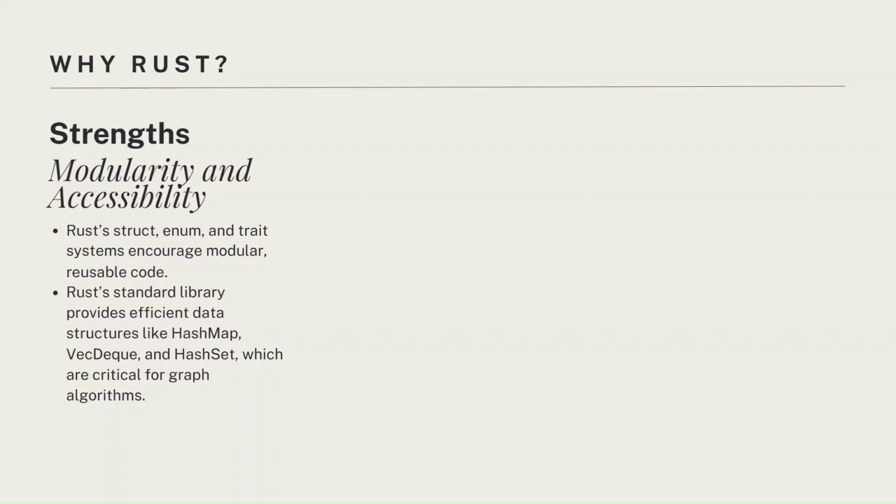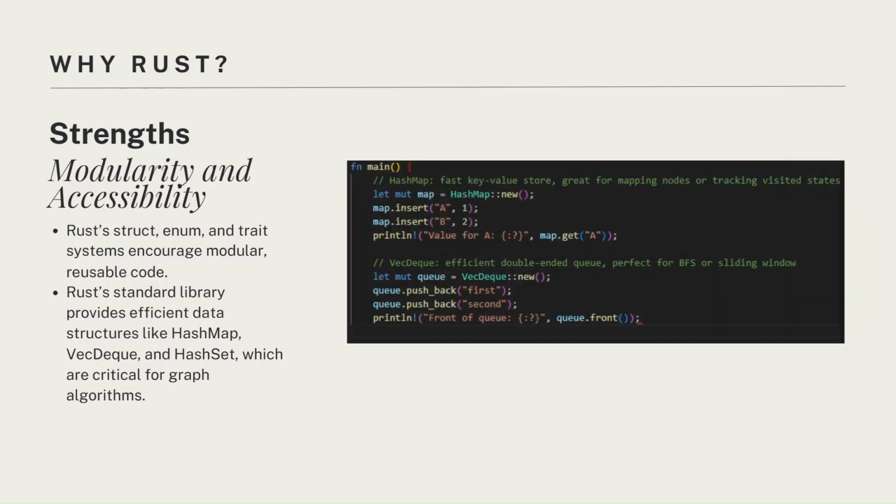However, there are some good things in Rust. I felt like it was easy after learning the Rust syntax to figure out how to use hash maps, vector dequeue, and hash set, which are pretty critical for graph algorithms, which we'll talk about in a second.